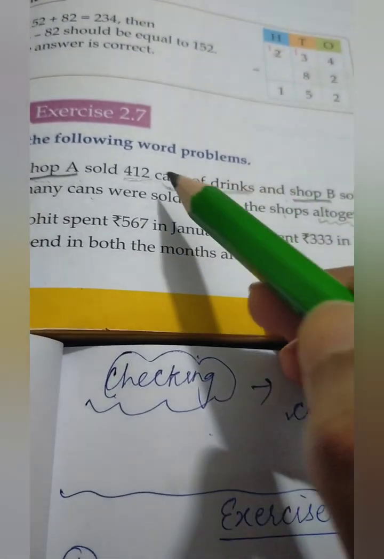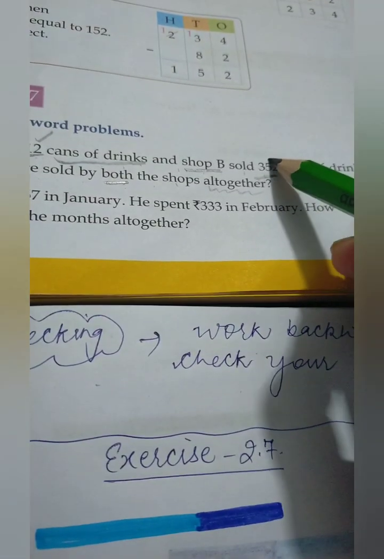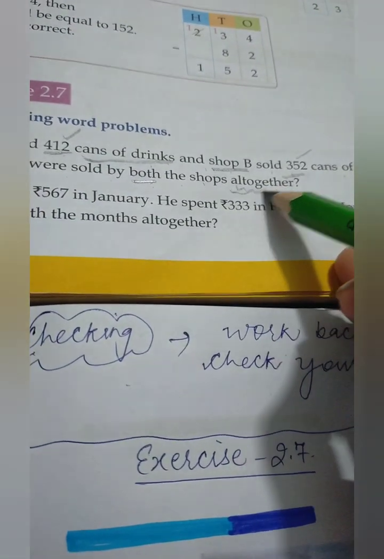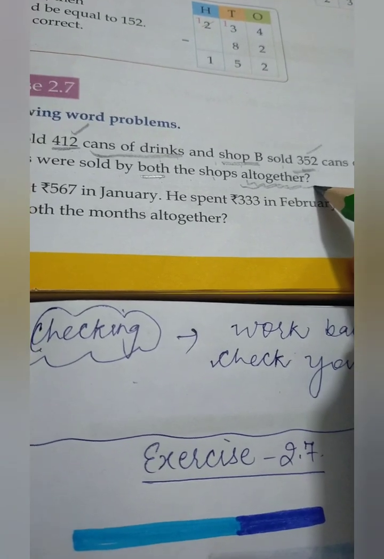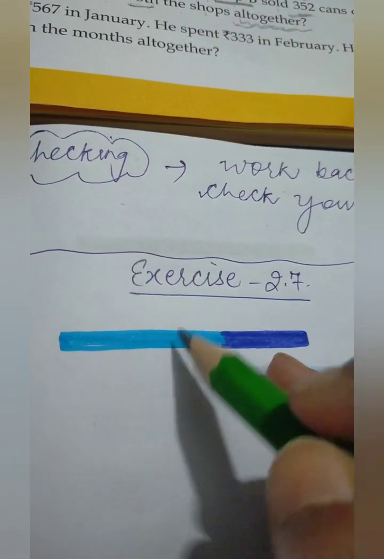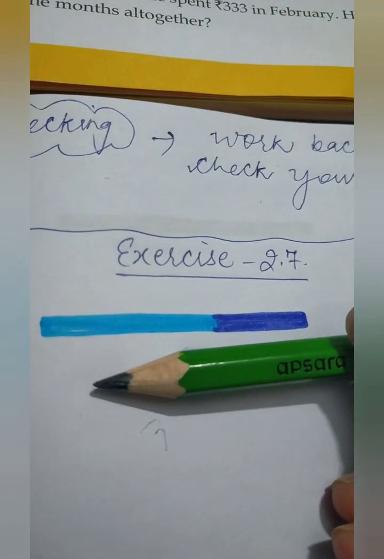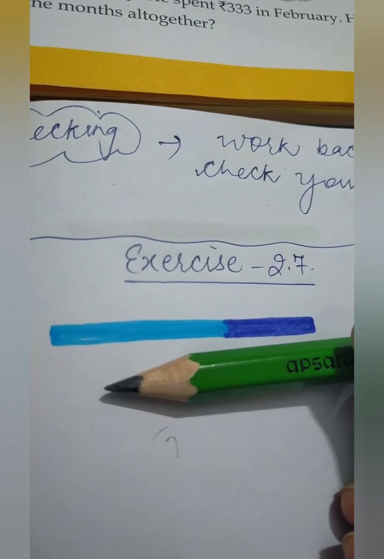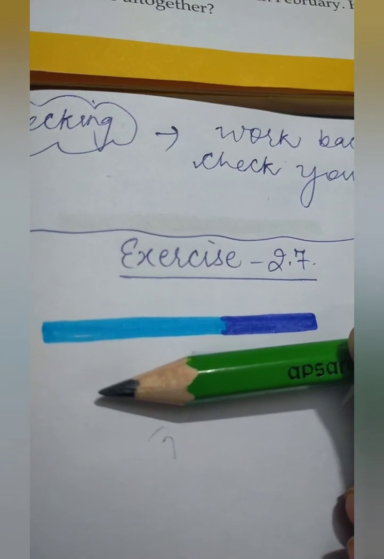Now these are the parts, and we have to find out the whole. So we will draw a model like this: Shop A, Shop B, and the cans of drinks they sold.